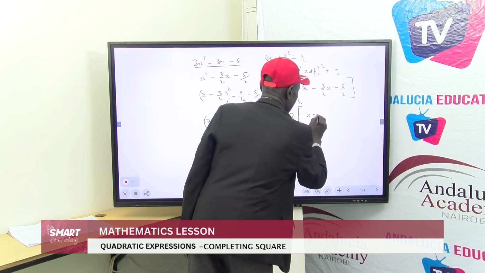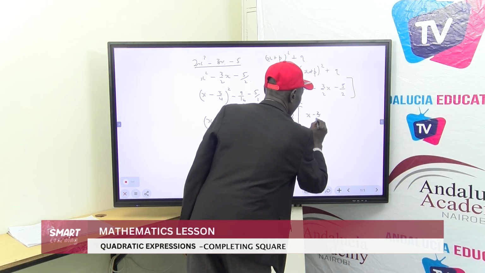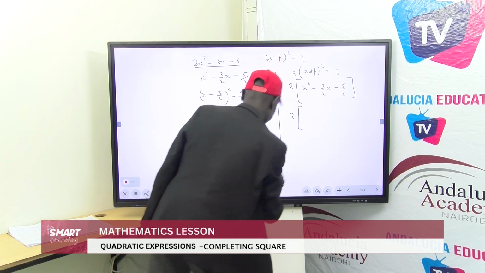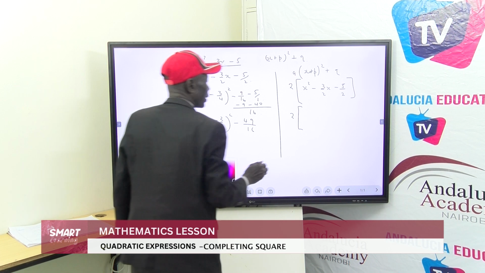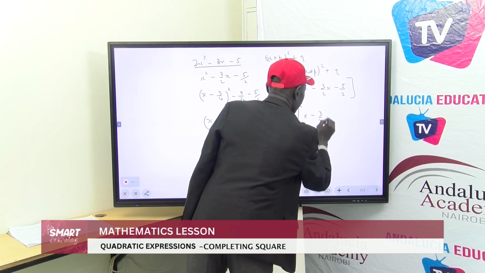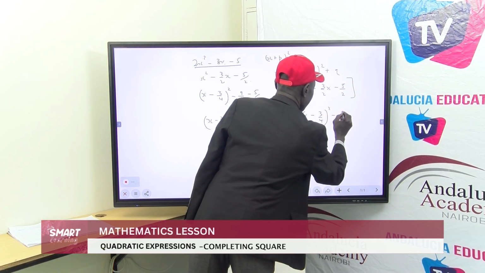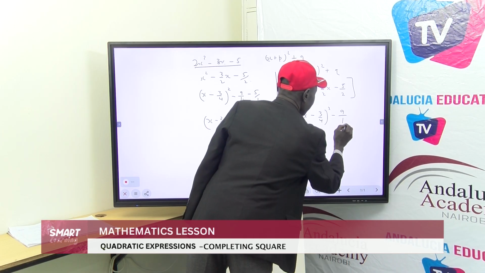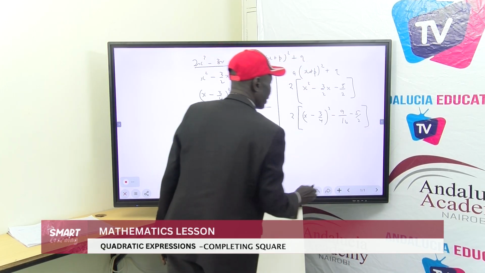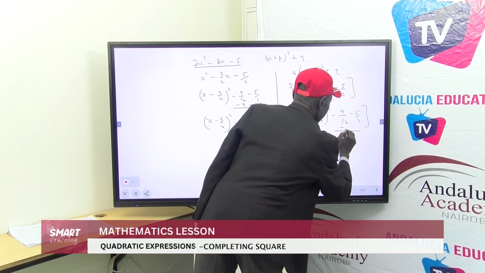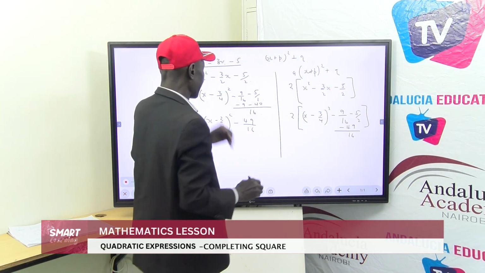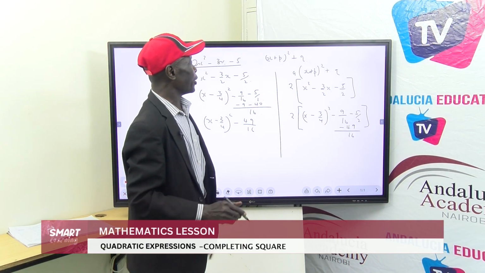Let me write it clearly. It becomes x minus 3 over 4 squared minus 9 over 16 minus 5 over 2. Then let's simplify that. We get, again, the same thing, minus 49 over 16. And then you multiply by 2 and you get your answer.